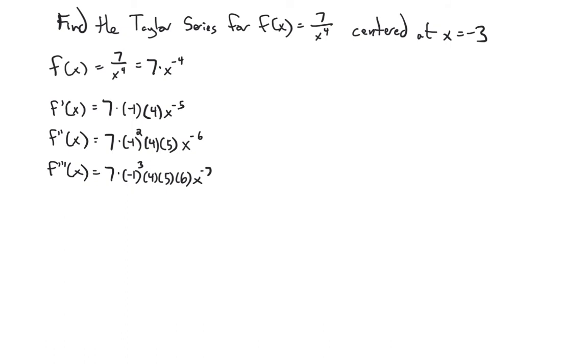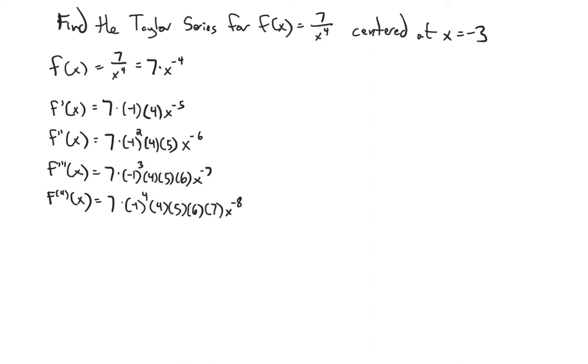Again, just using the power rule here. And we'll do one more. The fourth derivative of x is going to be 7 times negative 1 to the 4 times 4 times 5 times 6 times 7 times x to the minus 8.